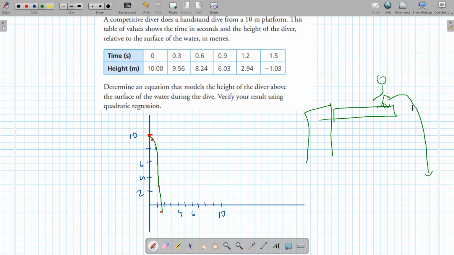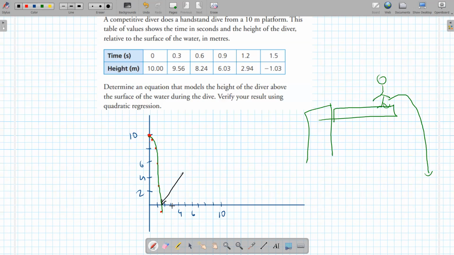And we're trying to model this curve using a quadratic equation. Do we have the x-intercepts? Like, do we know what that point is there? See this? Yeah, we can estimate that, but we don't know what the other x-intercept is, okay?